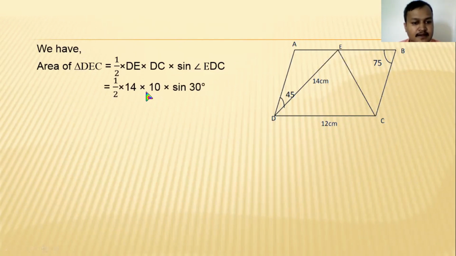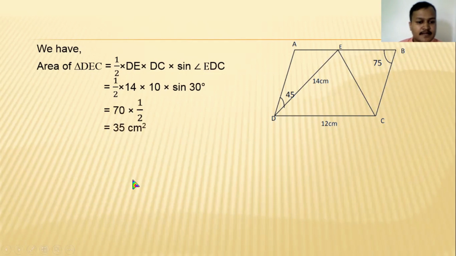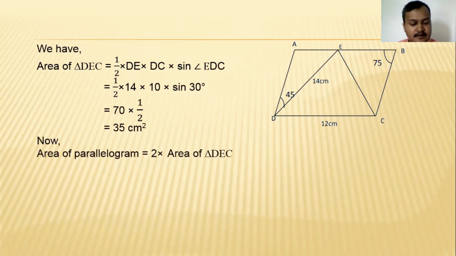If we divide 14 by 2, it is 7 into 10, 70, into sine 30 which is 1 by 2. And area of triangle DEC is 35 square centimeter. If area of triangle DEC is 35 square centimeter, area of parallelogram is 2 into area of triangle DEC, that is 2 into 35. It is 70 square centimeter. And this is our required answer.